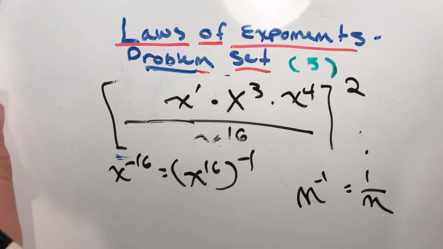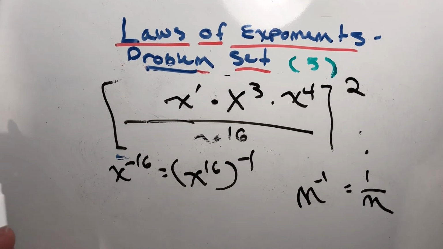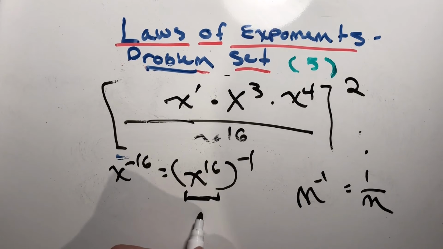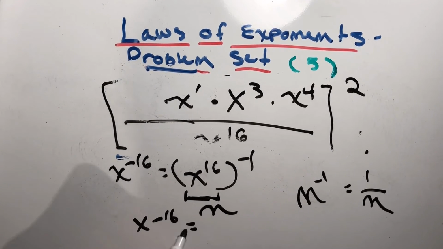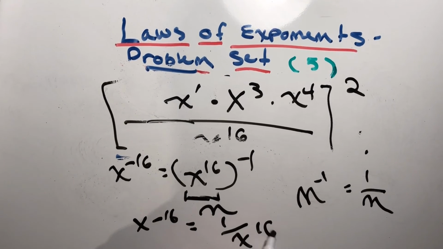That's perfectly legal, because when we use law 2, we get back to x to the negative 16th. If we assume x to the 16th is n, then n to the negative first power is 1 over n. Using that relationship, we can deduce that x to the negative 16th is 1 over x to the 16th. Perfect. So that's how we're going to write our final answer.